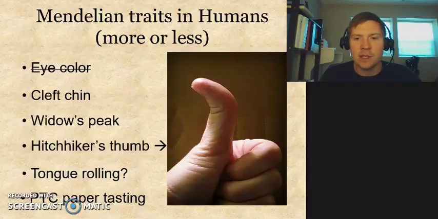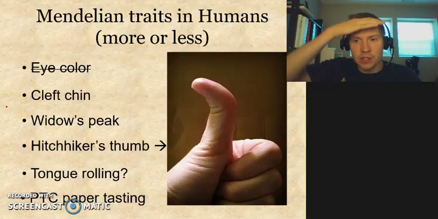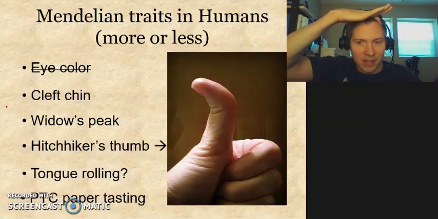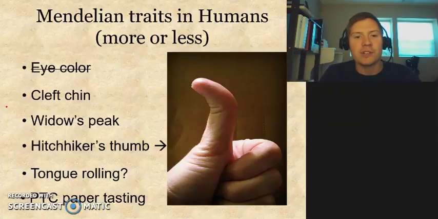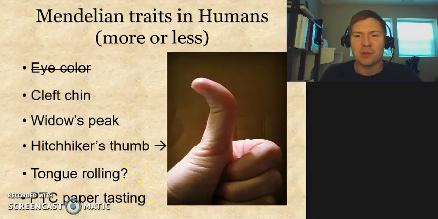But some things that seem to be pretty simple: cleft chin, which is a division in the chin, widow's peak, which is when your hair goes down, like I have one, in the middle, hitchhiker's thumb, which I have a picture of here, tongue rolling, we're not too sure about. By tongue rolling, I mean forming a U with your tongue like this. But we're not 100% sure about that, and paper tasting we'll talk about.